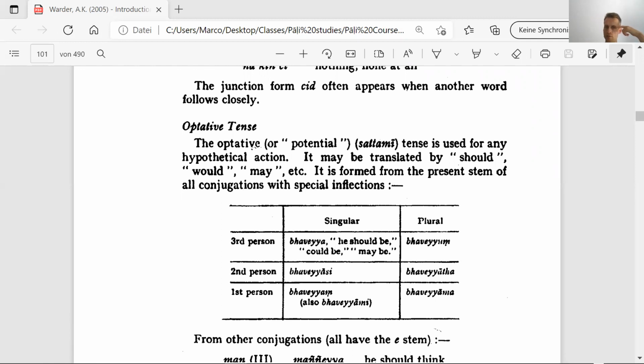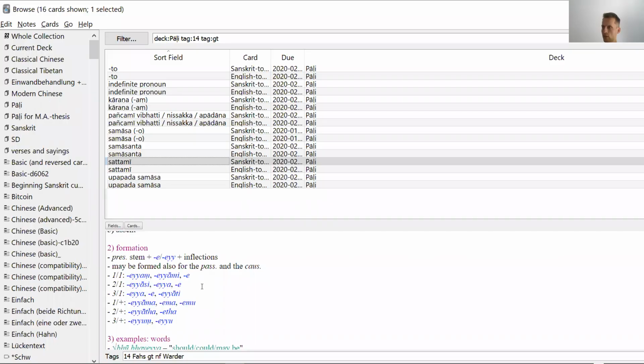It may also be formed from the passive as well as the causative stem. Now, its inflections could be eyyam, eyyami, eyyasi, eyya, eyyati, eyyama, ema, emu, eyyatha, etha, and eyyum, eyyu.